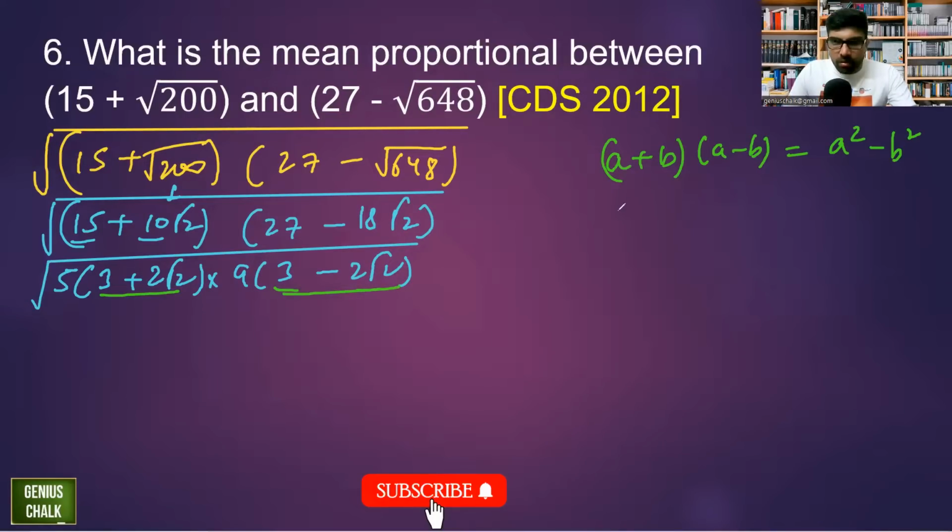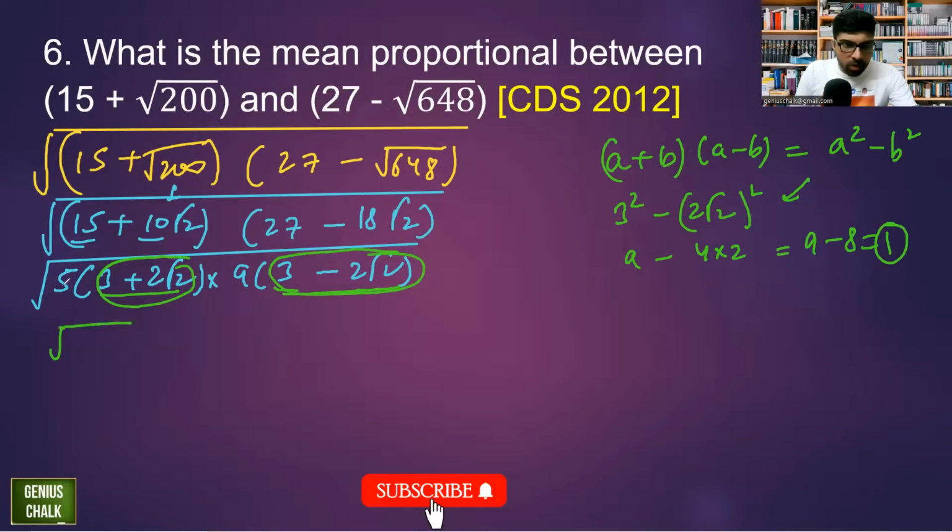So I can write 3 square minus 2 root 2 square. What is 3 square? 9. 2 root 2 square means 2 square, that is 4, and root 2 square is 2. So 9 minus 8 is 1. So basically, the product of 3 plus 2 root 2 and 3 minus 2 root 2 is 1.